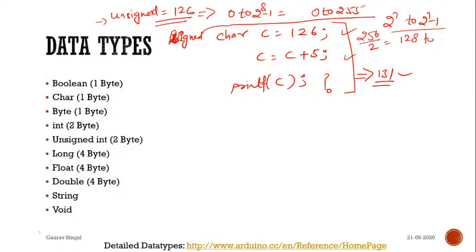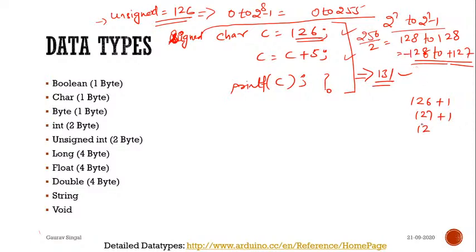It is minus 128 to 127. So that's why C is equal to 126, plus 1 is 127, plus 1 is 128.